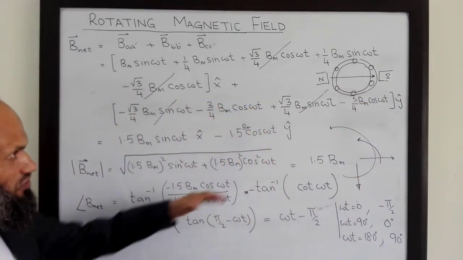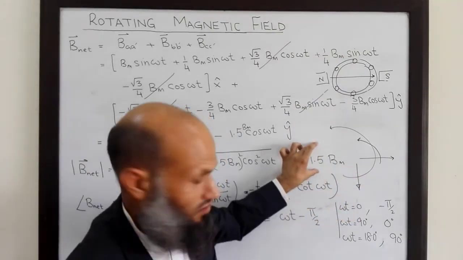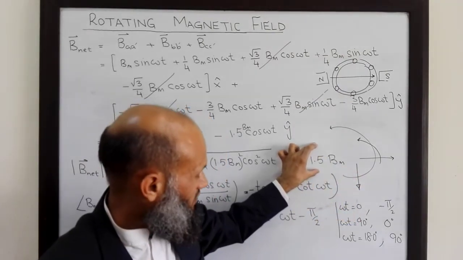And the magnitude of the resultant flux density vector is always constant.